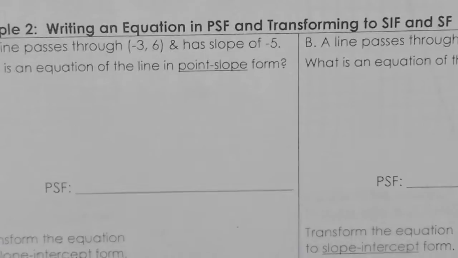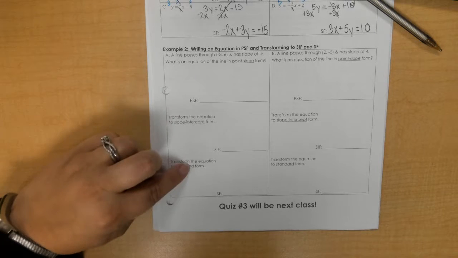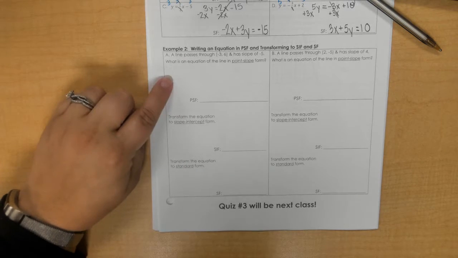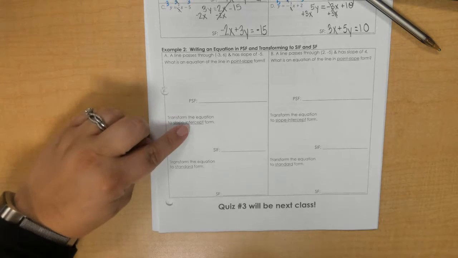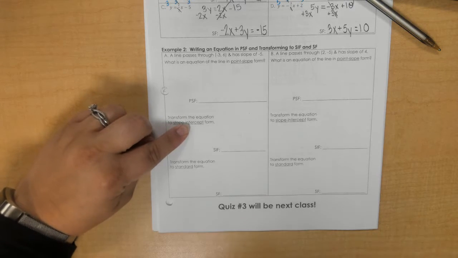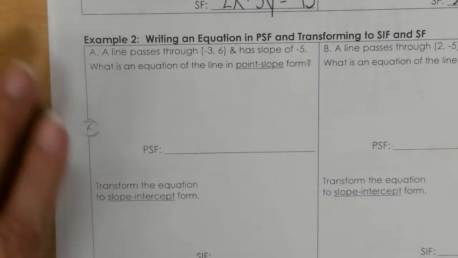Okay, the second example, you can see there's quite a few steps here. So we're going to put our equation in point-slope form. We're going to distribute that, solve it, and get it into slope-intercept form. And then we're going to transform it to standard form. So first and foremost, we have a point.